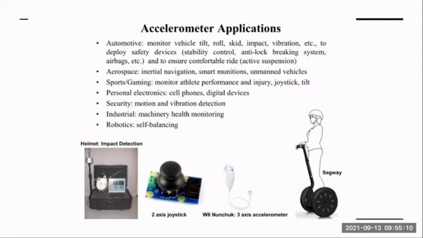If the car is manual and you suddenly press the brake, there is a chance that you will lose control of the car or skid. But if you have an anti-lock braking system, it will detect a sudden change in acceleration.